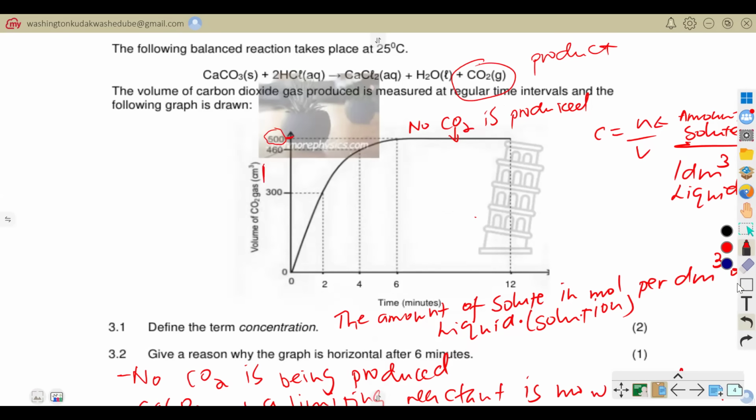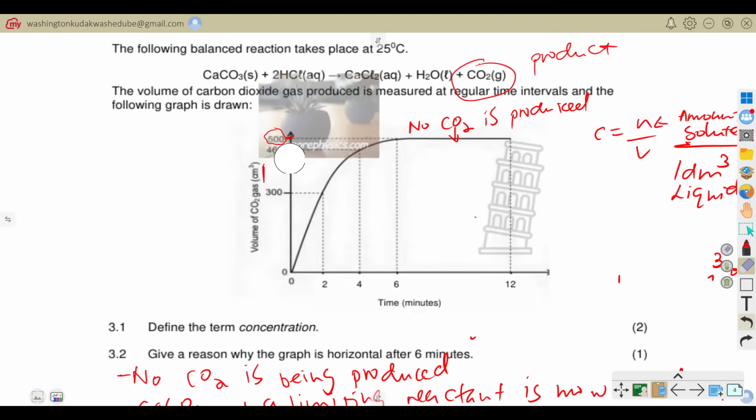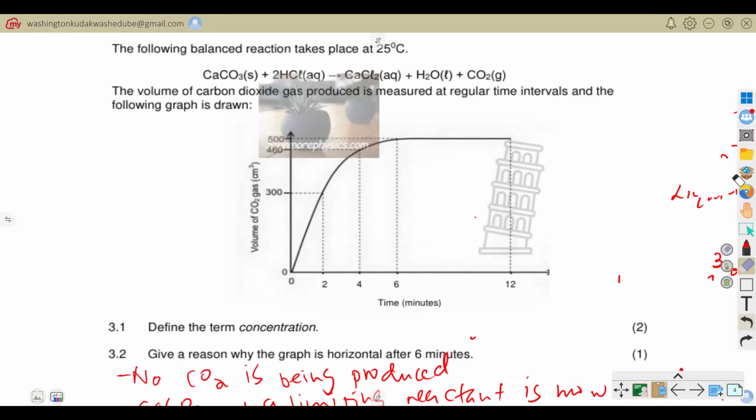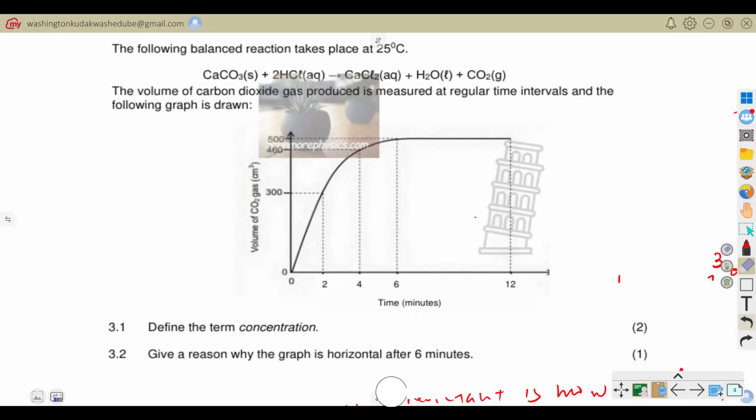So the information here, just allow me to rub there, so that you can get to see the information clearly.